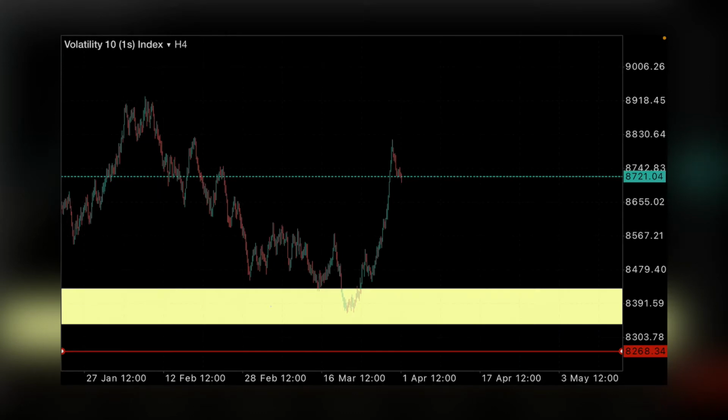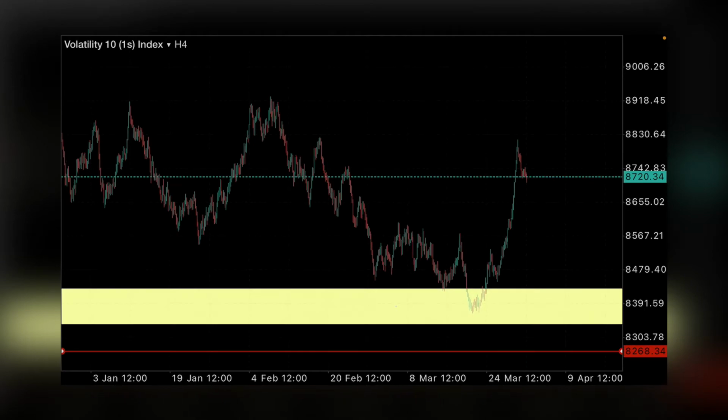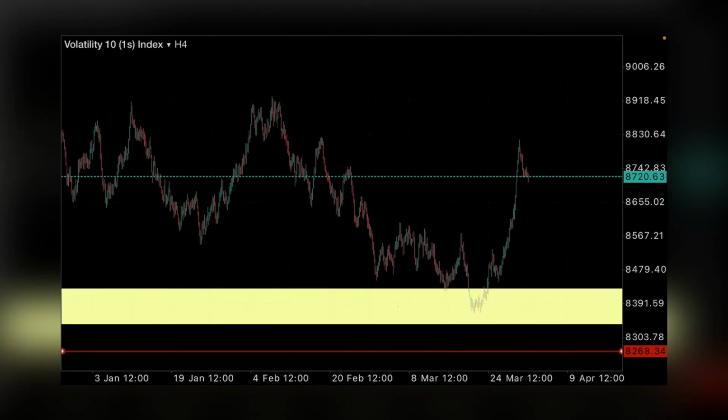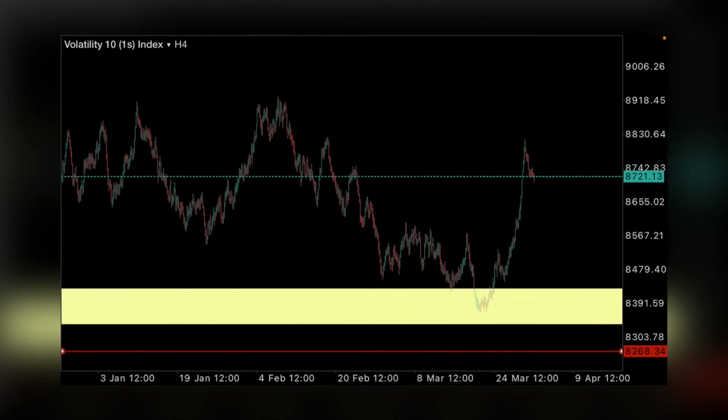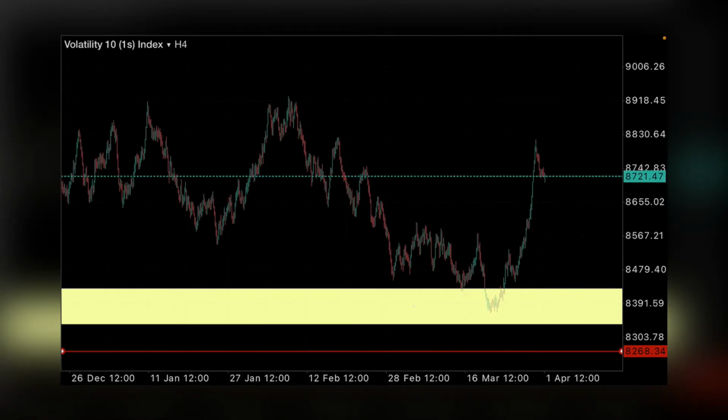Now, we have the trending market, we have the shopping market, then we have the range bound market. Now these markets are actually called different names.